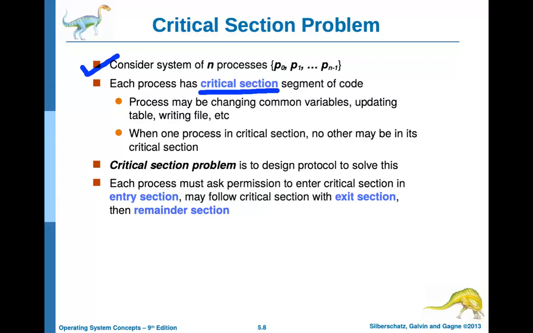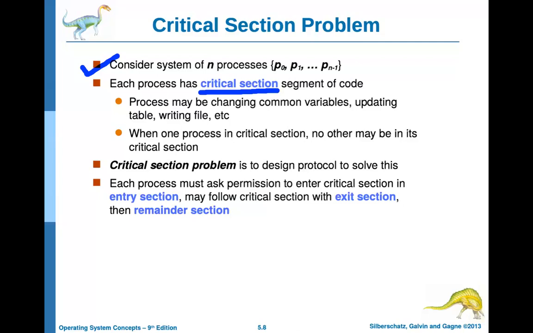In very simple words, I can say updating a shared variable can be thought of as a critical section. The same thing is mentioned here: a process may be changing common variables.